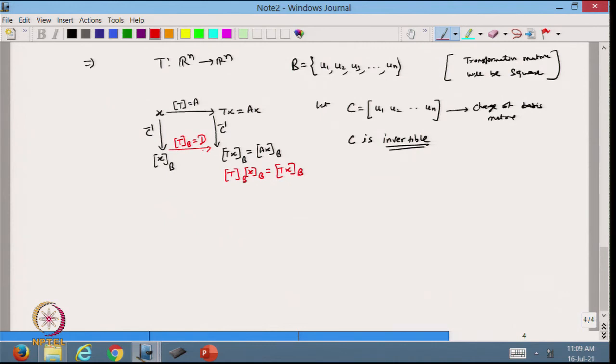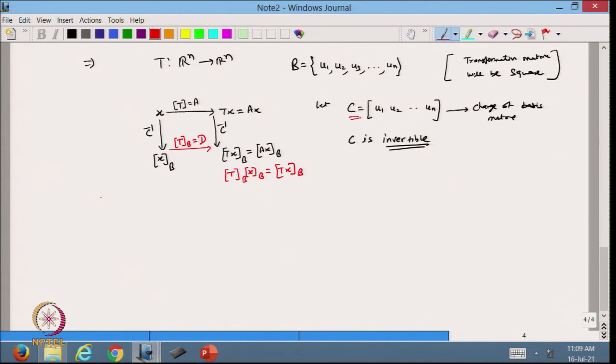So, this is what we are writing. This is the matrix D corresponding to the change of basis that we have done before, and we have represented by C. No problem, because C I am writing here, so let us write this D. So, this is the way the transformation is taking place.